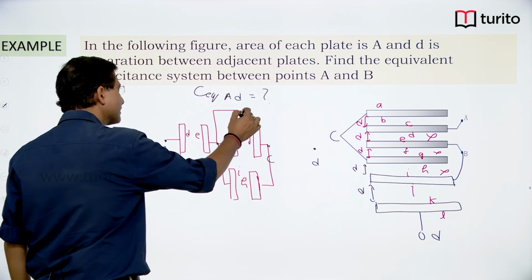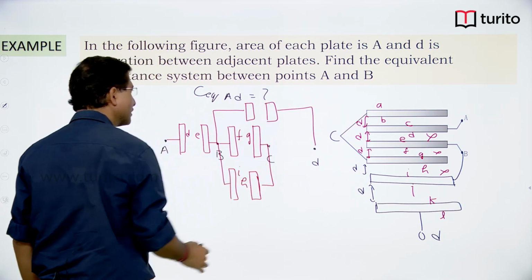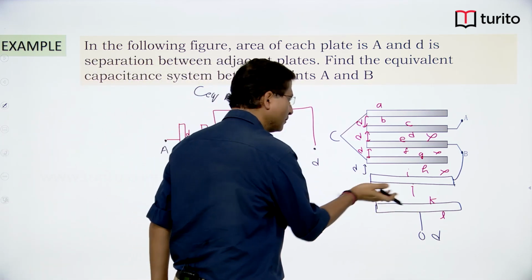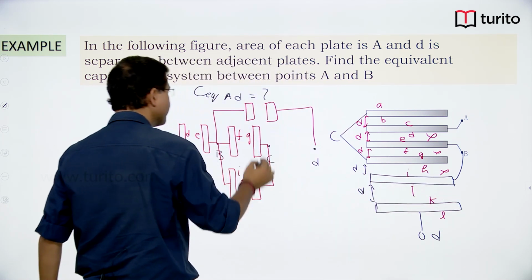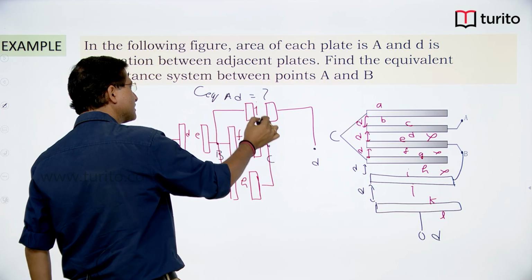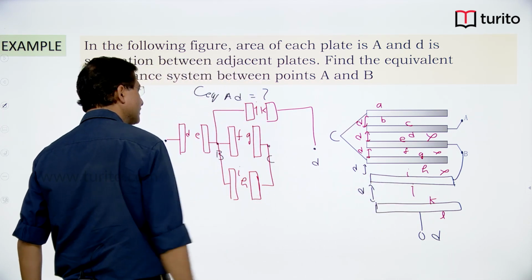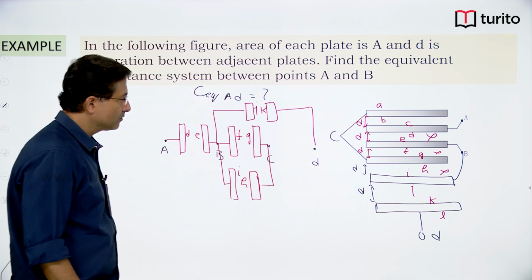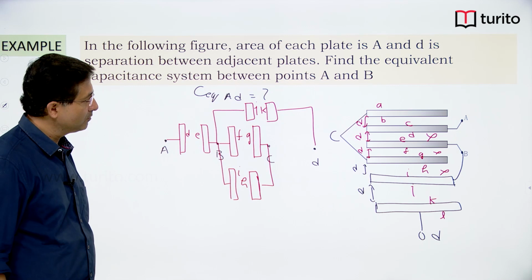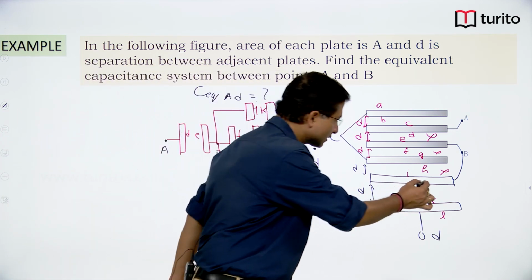So B is here, I will put one plate here. Now B's J is facing D's K. So this is over.